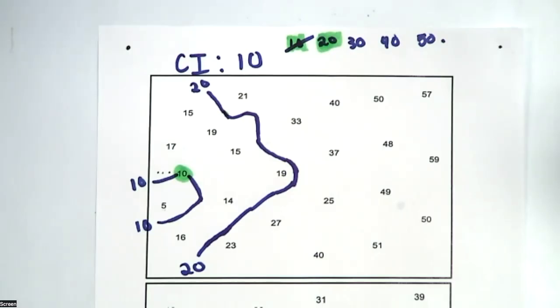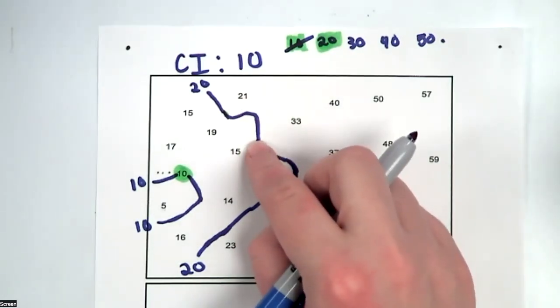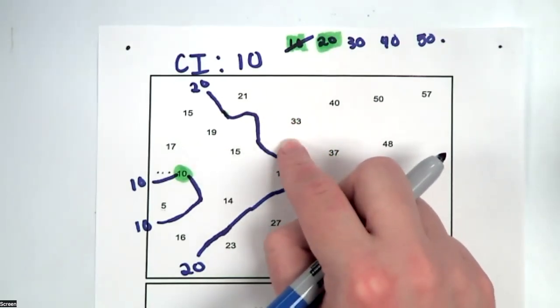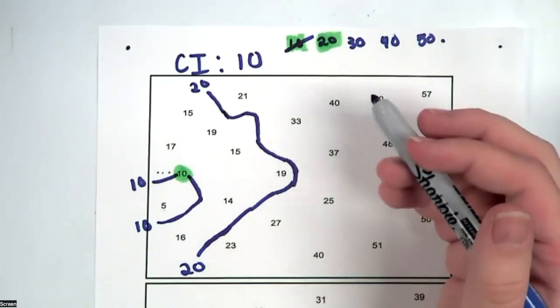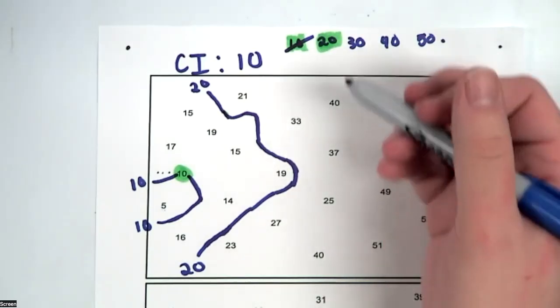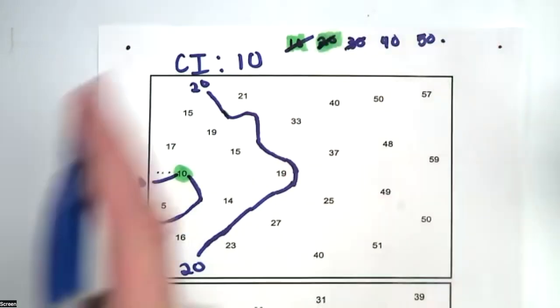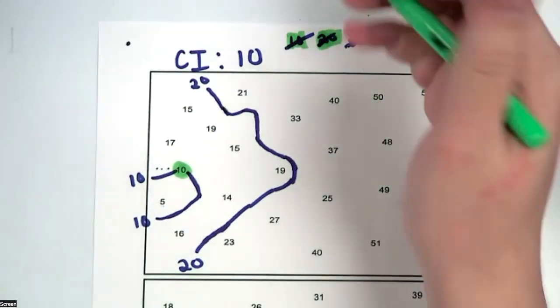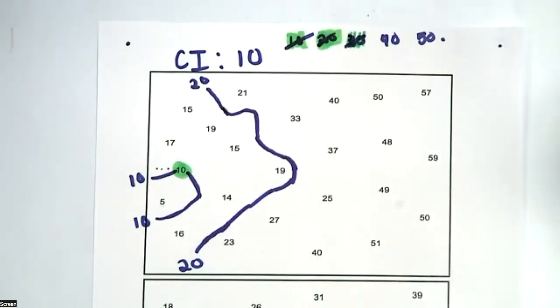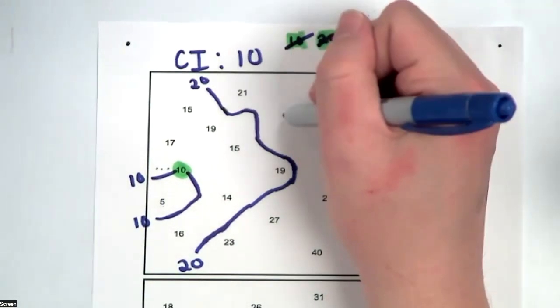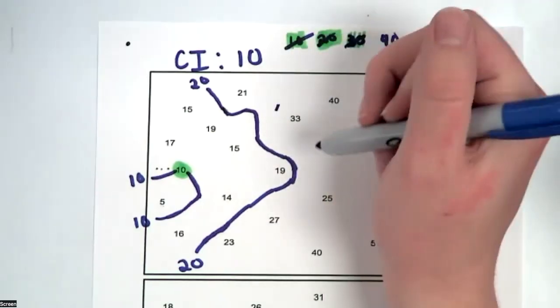Now, what's awesome about us having this contour now is we are able to treat any point along it as a 20. That's going to help us with making our next one because I see that I don't have a 30 anywhere on here. So that's what I'm going to work on now, my 30s. And I'm going to start just like how I did before, 21 and 33. There's going to be a 30 kind of in the middle there.